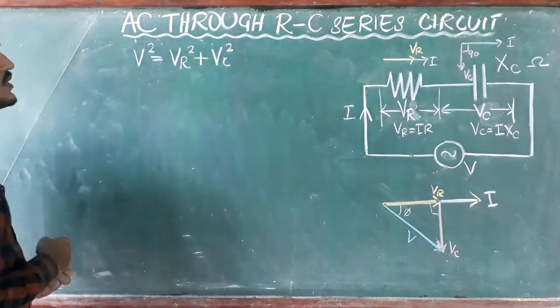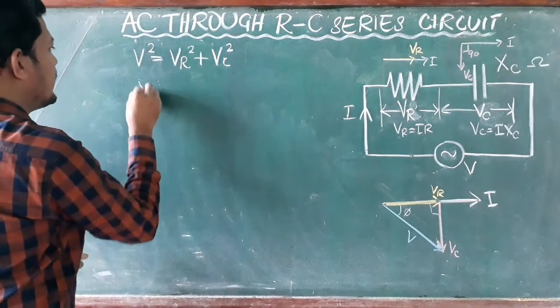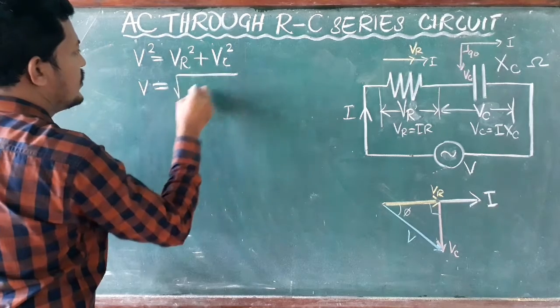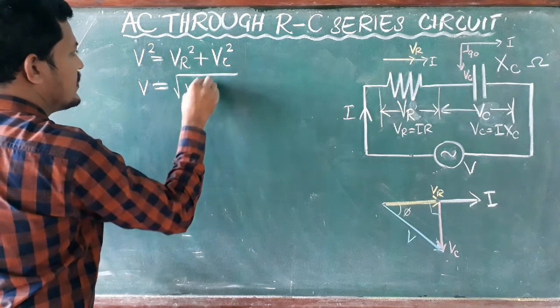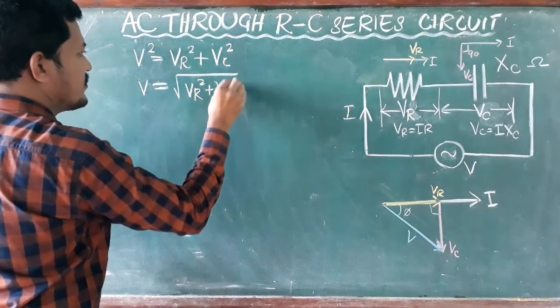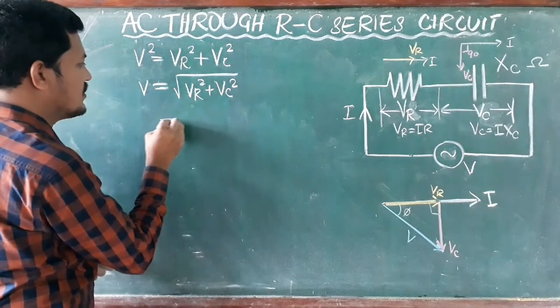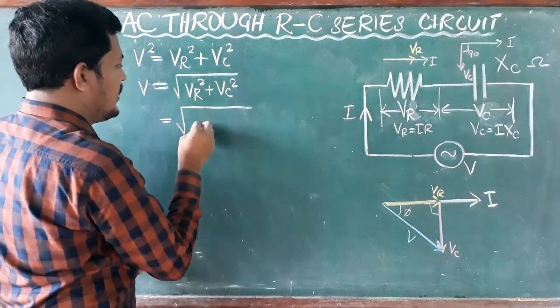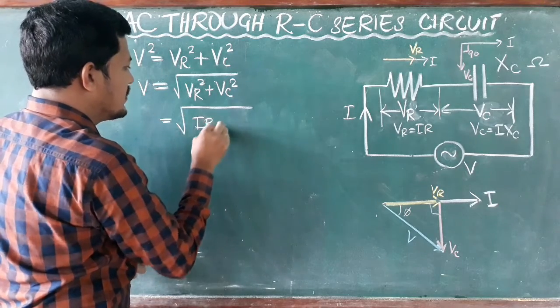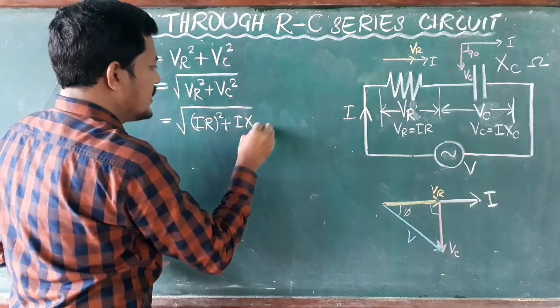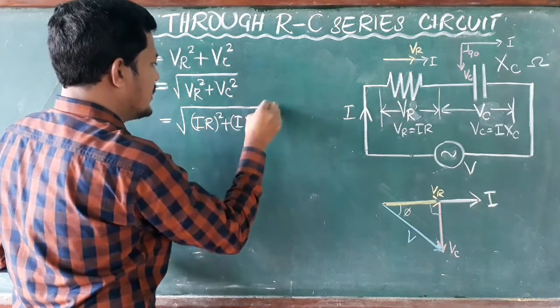Substituting the values, it is I into R whole square plus I into XC whole square.